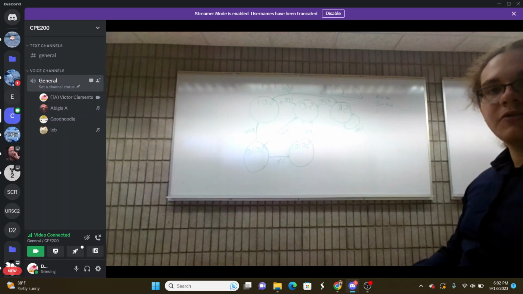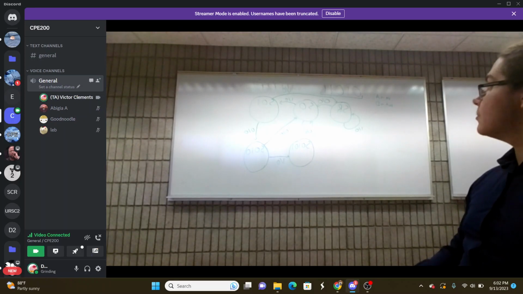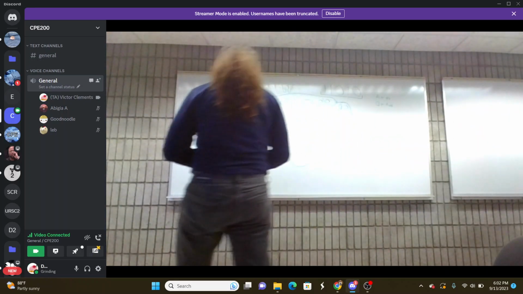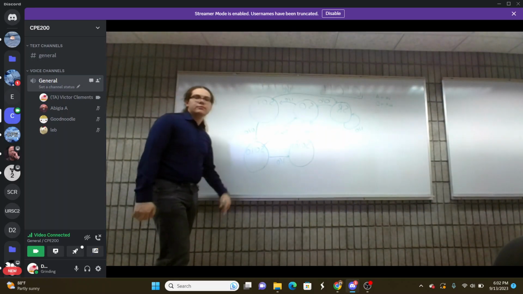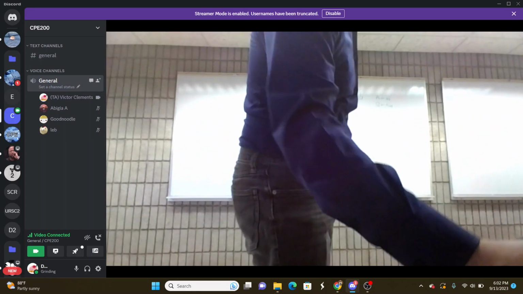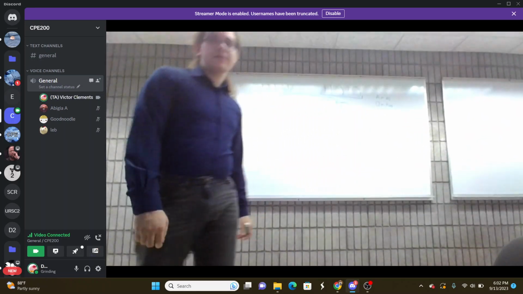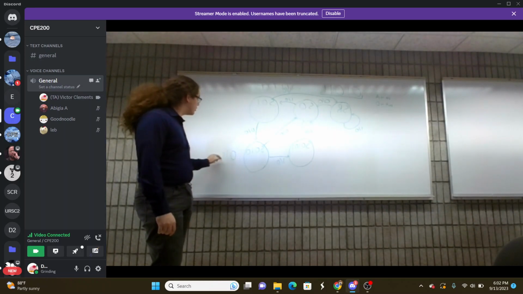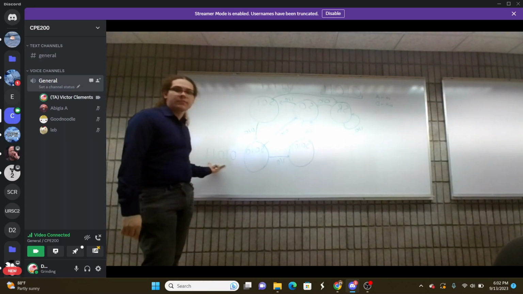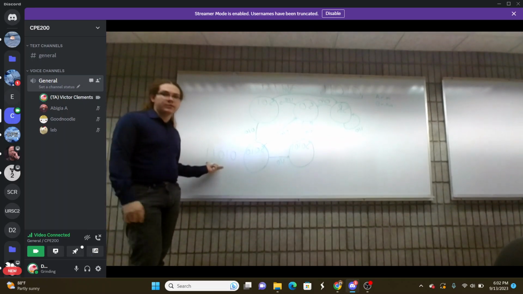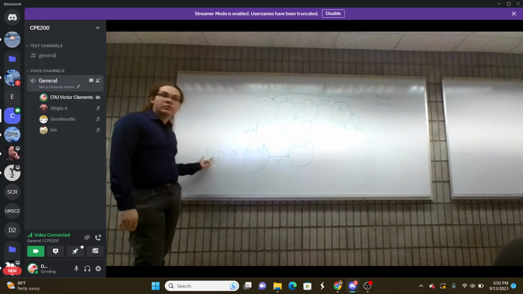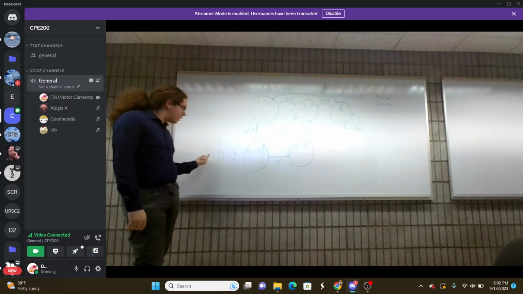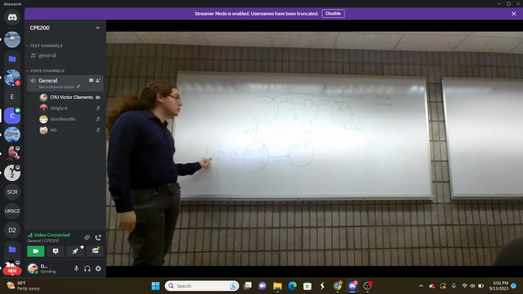Let's see. Let me go ahead and write this big. If I have just received this sequence of bits, the first thing I need to ask myself is, does the most recent bits match up with any part of my sequence? My first bit does not match the first bit of the full sequence.